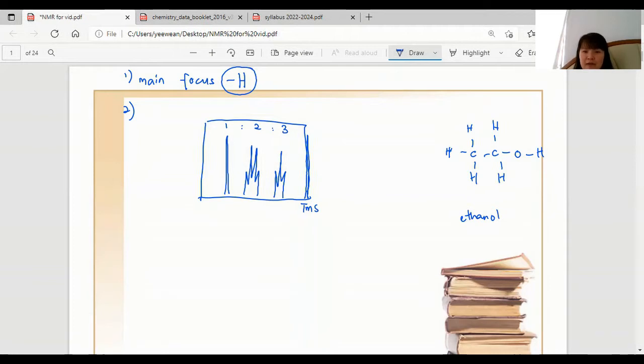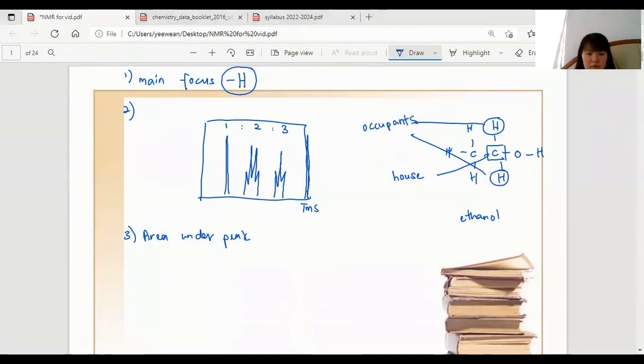Okay, let's view this carbon as a house. This house is rented and shared by two occupants. We'll view the protons as the occupants in the house. Now let's relate this to the spectrum.